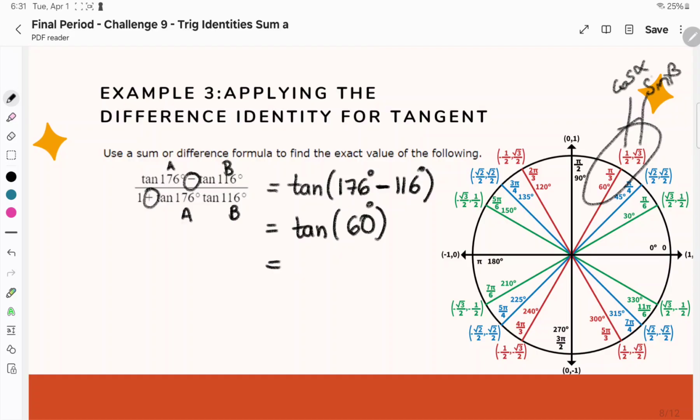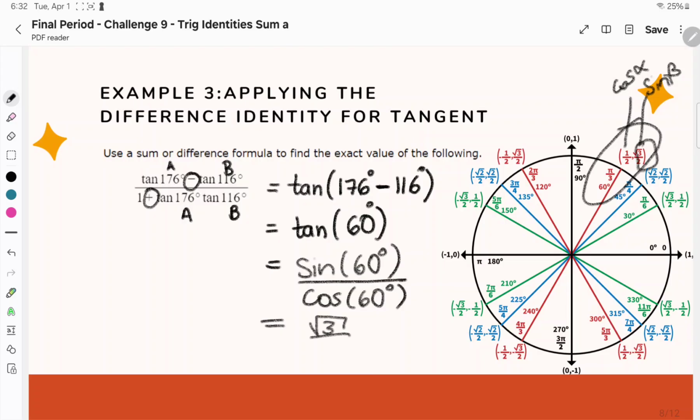Because you know the quotient identity, that tangent of an angle is equal to sine of the angle divided by cosine of the angle, right? And what is the sine of 60? Well, the sine of 60 is square root of 3 over 2 according to our best friend, the unit circle. And we're going to divide that by the cosine of 60, which is 1/2.